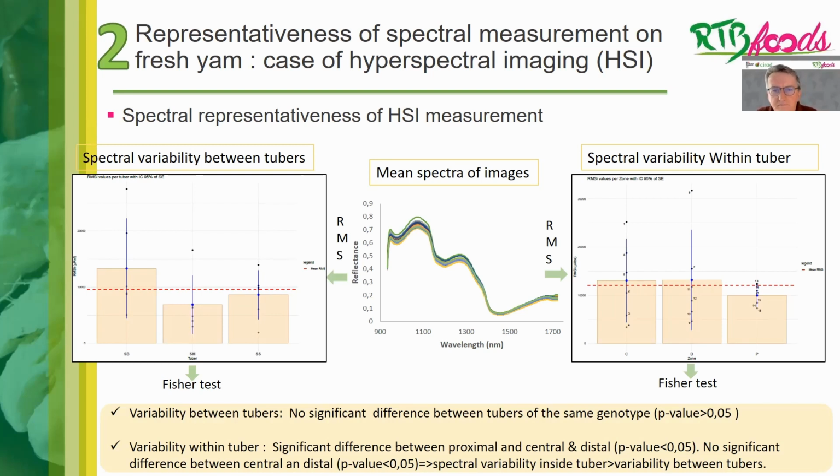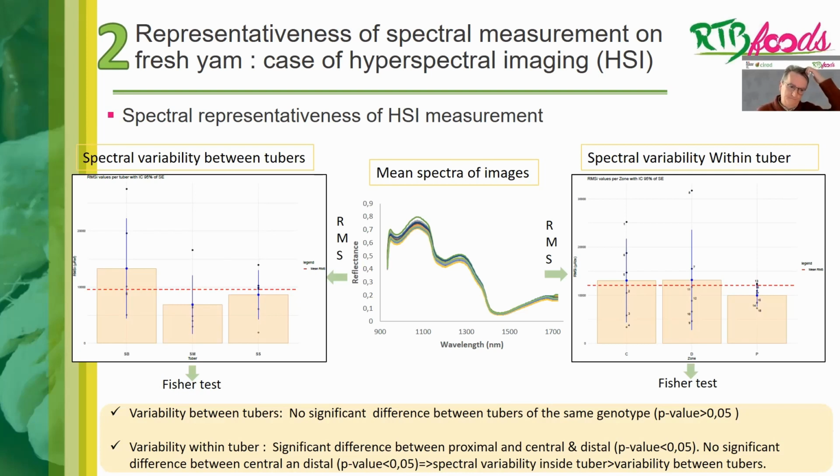I think Karima has done justice to the work, and to some of the findings, with not finding variability between the different sections of the tuber. But what I really wanted to say was that some of our observations during the measurement were that the shape of the tuber tends to affect the resolution of the image.